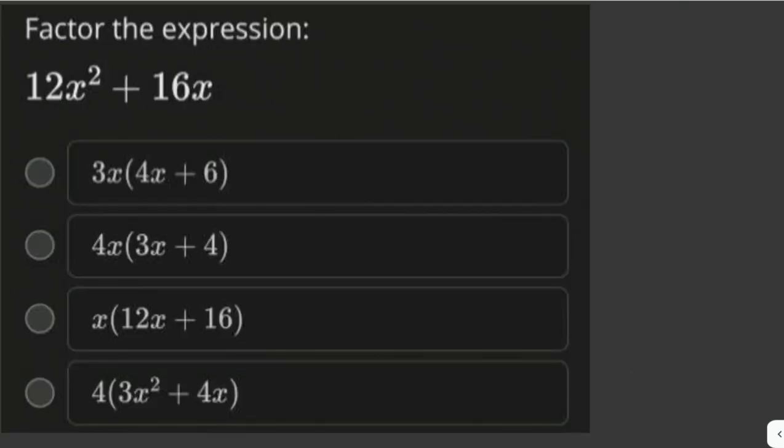Factor the expression 12x squared plus 16x. So how are we going to factor this one? So we just have to extract or put outside of the parentheses the terms that are common, the number or variable that is common in the expression.